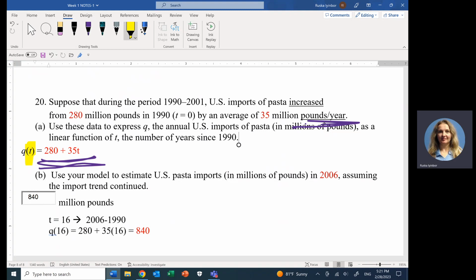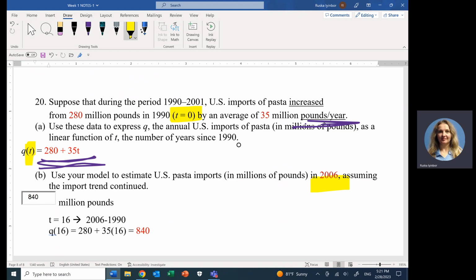The next one is to use the equation we just got to find the pasta import in 2006. Now we start counting from 1990. So if in 1990 t is 0, we need to figure out what t is for the year 2006.